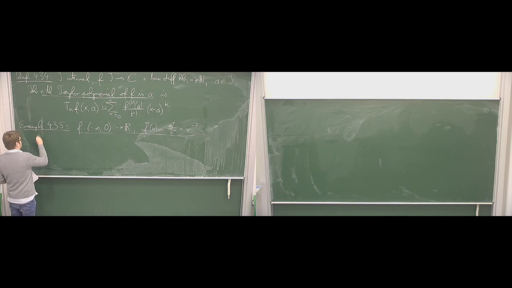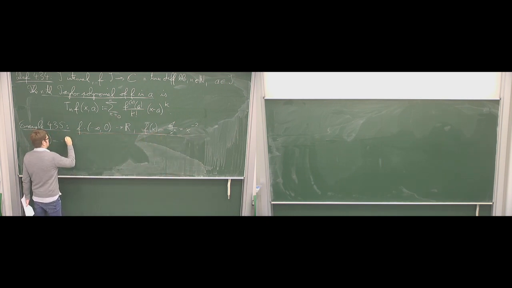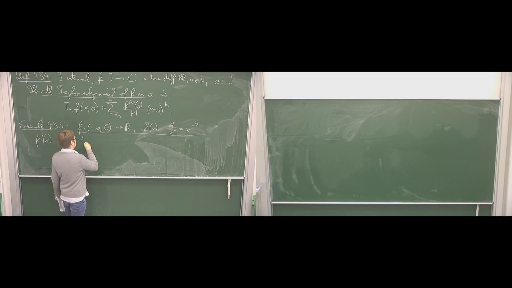So let's see. This function is obviously differentiable, and the derivative is given by the derivation rule for functions of this form. X to the power of something is something times x to the power minus 1 from the exponent, so minus 2x to the minus 3, which is minus 2 divided by x to the power of 3.